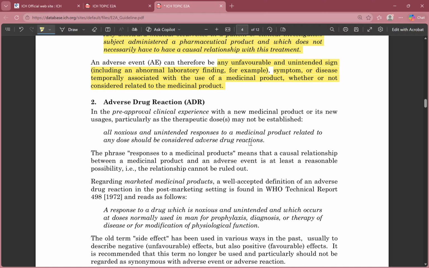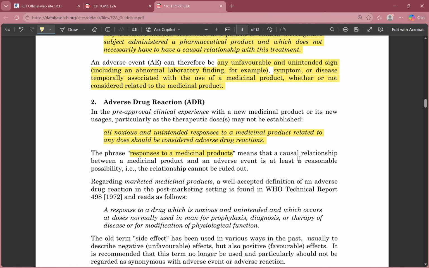Another thing that we have is adverse drug reaction. All noxious unintended responses to the medicinal product related to any dose should be considered adverse drug reactions. The major thing we have here is the phrase responses to the medicinal product.